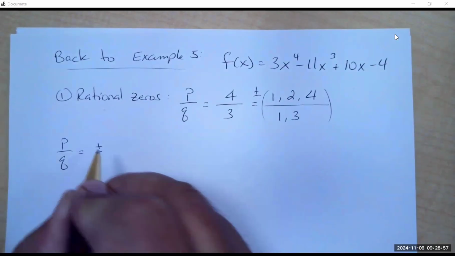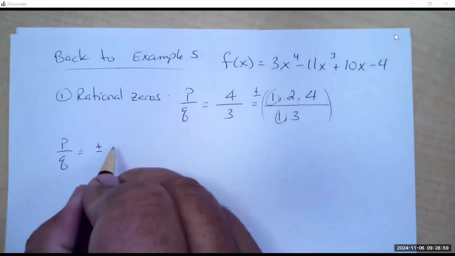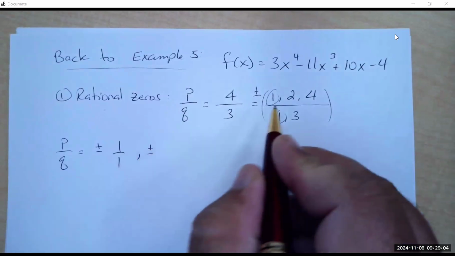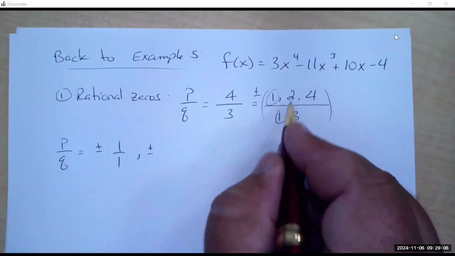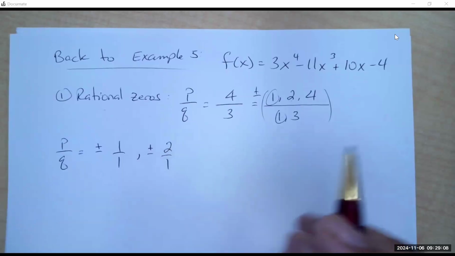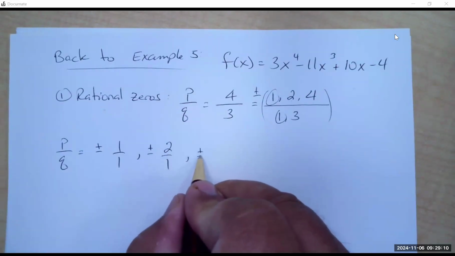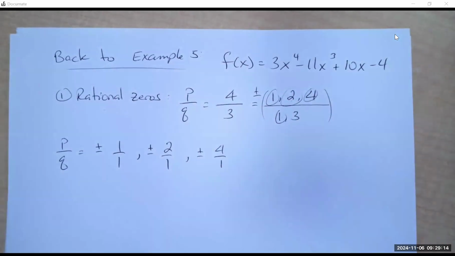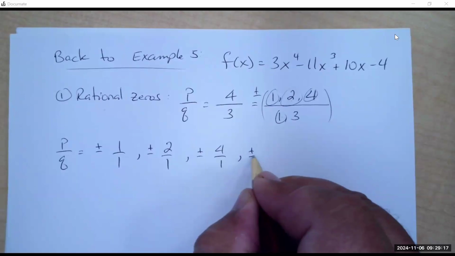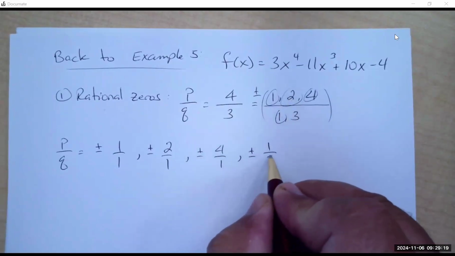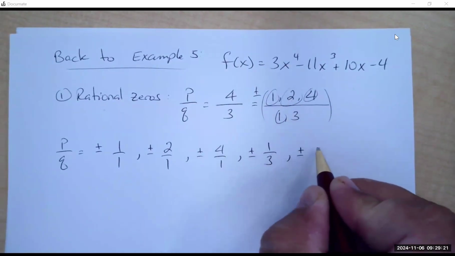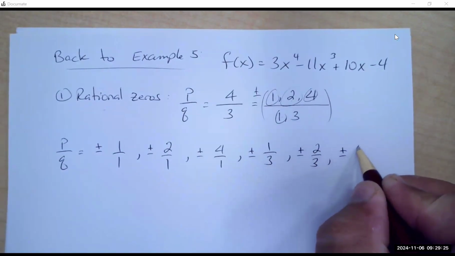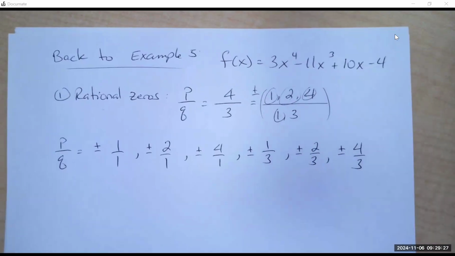So it's going to be plus or minus 1 over 1, plus or minus 2 over 1, plus or minus 4 over 1, plus or minus 1 over 3, plus or minus 2 over 3, and plus or minus 4 over 3.